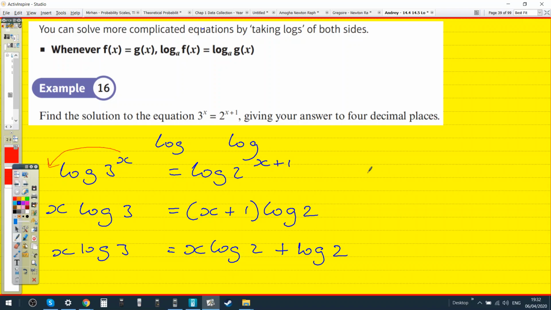Combine the x's. So do I then do x log 3 divided by x log 2 is equal to log 2? This is not times x log 2, it is plus x log 2. So is it minus? Yeah.